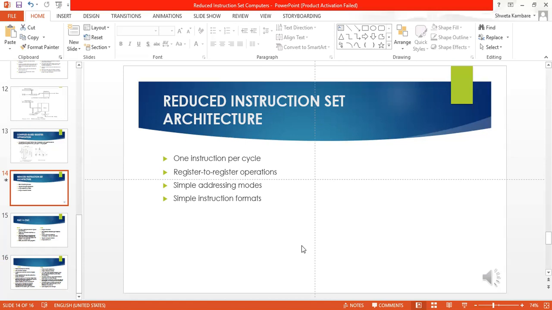Most operations, I'm talking about most operations, not all the operations are register to register, but most operations are register to register. Next point is simple addressing modes.